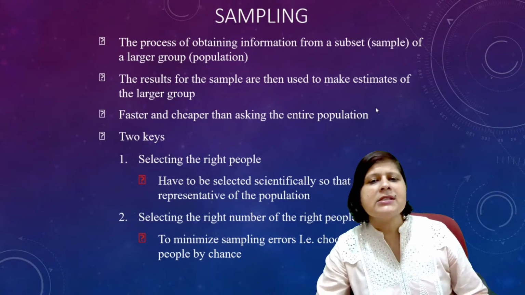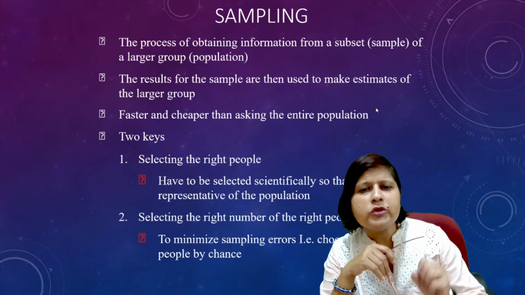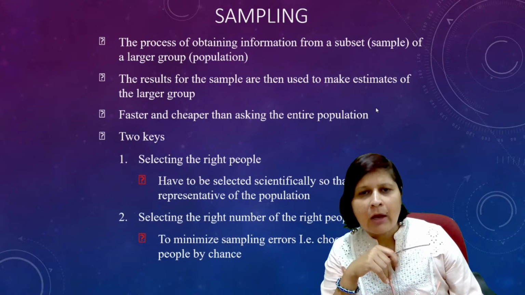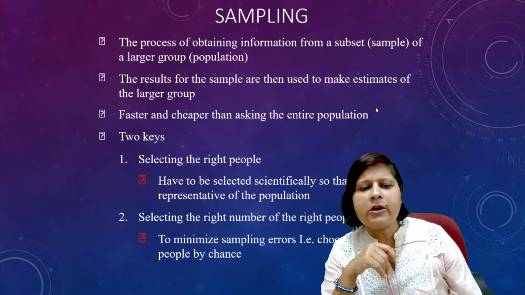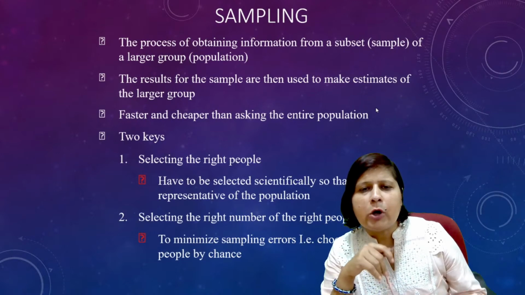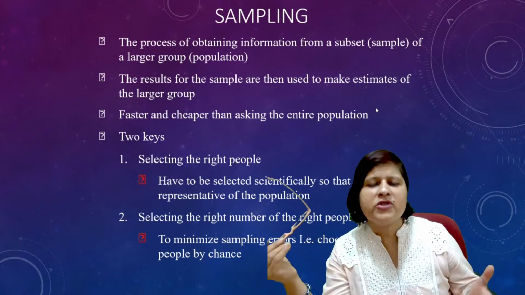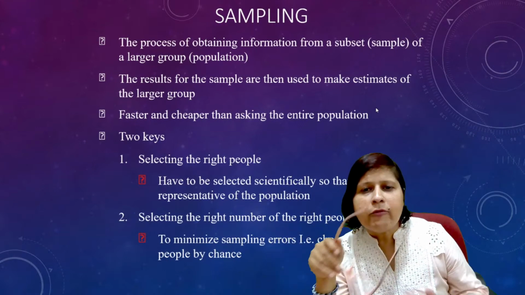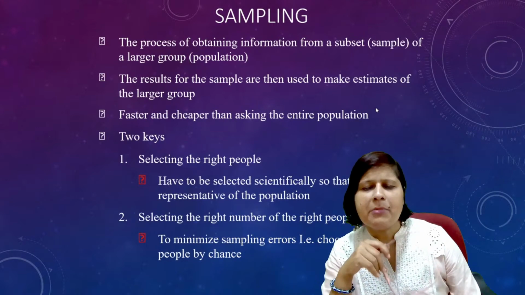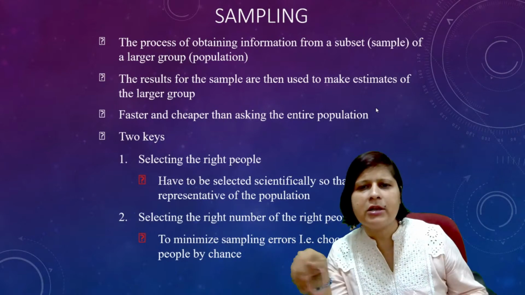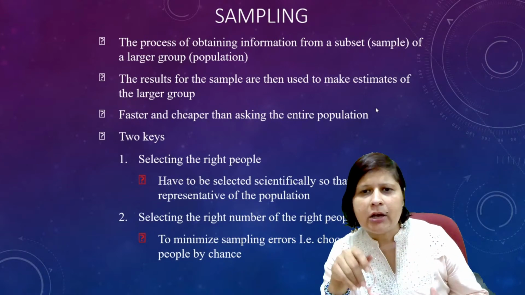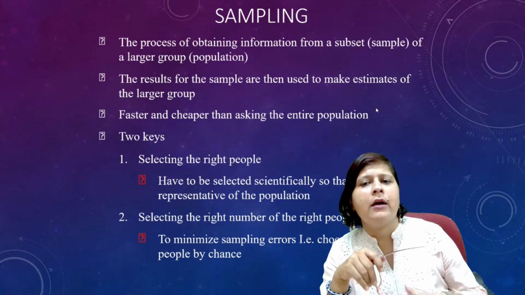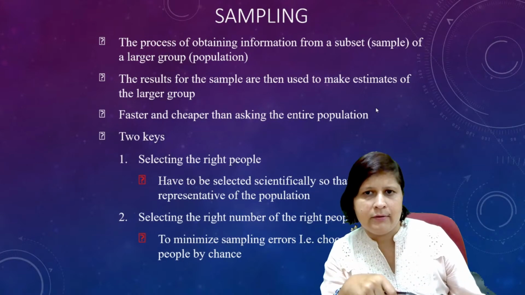Why do we choose a subset or a sample? We choose a subset or a sample just to make the estimate of the larger group. We want to find out the result. We want to generalize the results. It is not possible for any researcher to study the whole population. It is really difficult, it is time consuming, it is the costliest affair.